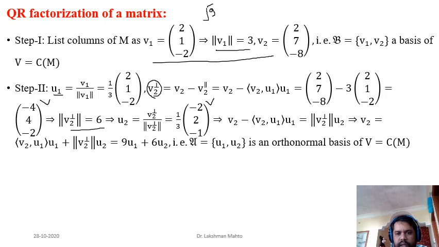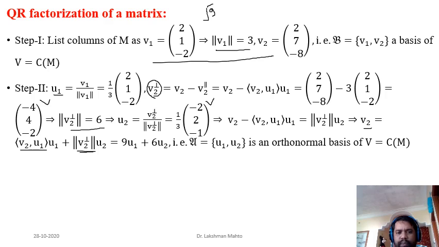Using the same definition of V2 perp, you can write V2 as a linear combination of u1 and u2 with these coefficients. The coefficients you can easily get. This coefficient is just 9, and this coefficient is 6. So V2 is written as 9 times u1 plus 6 times u2.